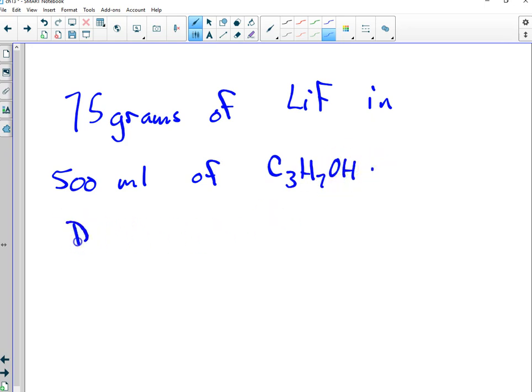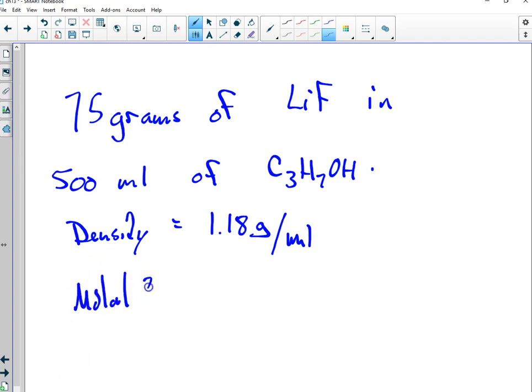And let's say the density is equal to 1.18 grams per milliliter. I want the molal and the molarity.